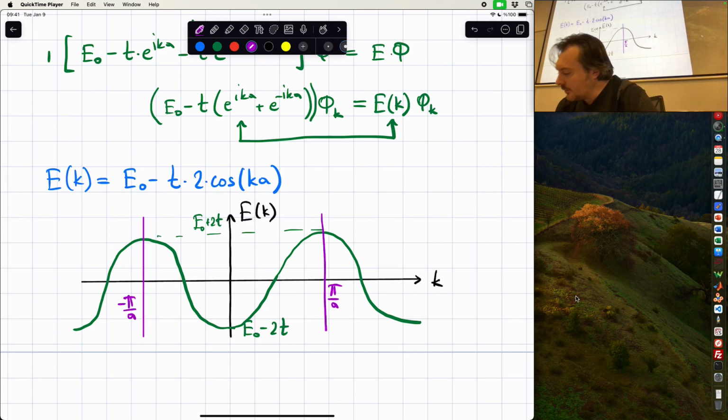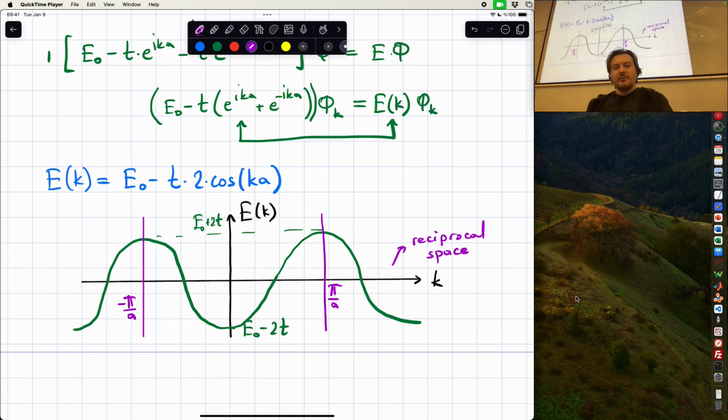So this is what we call reciprocal space. Real space is the space of x, y, and z. Reciprocal space is like the Fourier transform of x, y, z, and it is kx, ky, kz. In our case, we have one dimension, so it's just k.